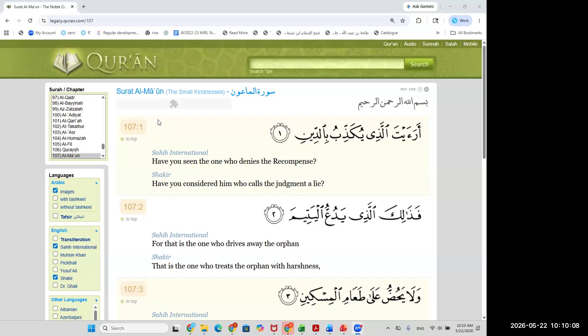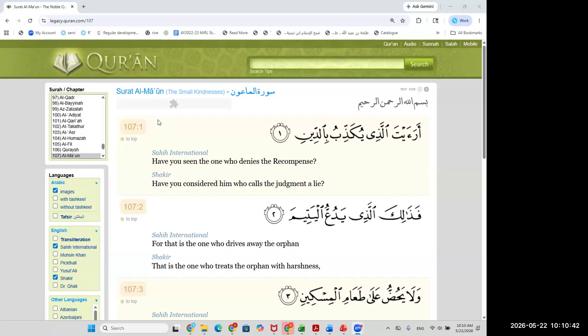So it's a phrase or a clause, but it's not considered part of the initial جملة فعلية. It is a separate جملة فعلية in this case. So we would say يكذب بالدين. This is another جملة فعلية, and we call it صلة الموصول. And this is فعل مضارع for the pronoun هو.